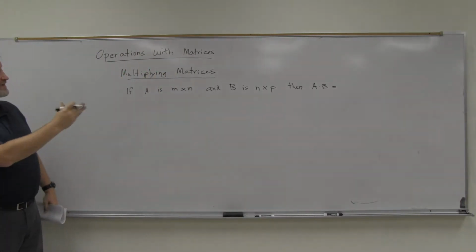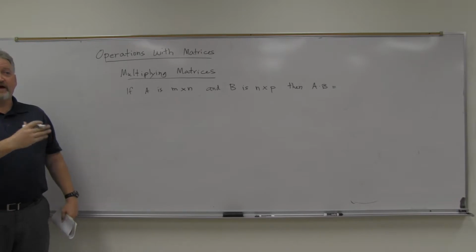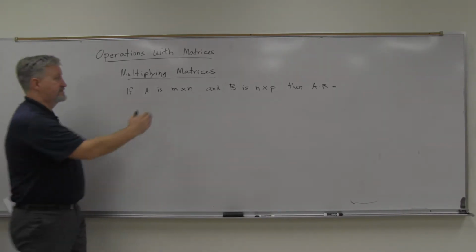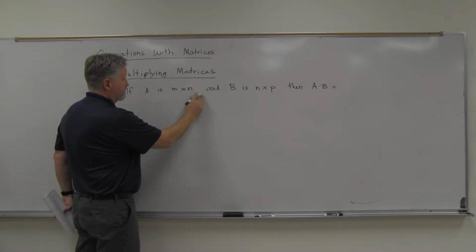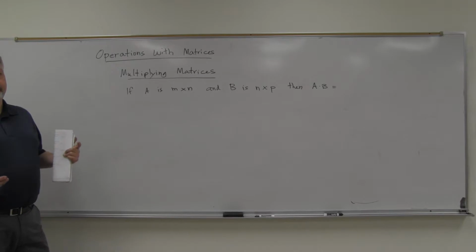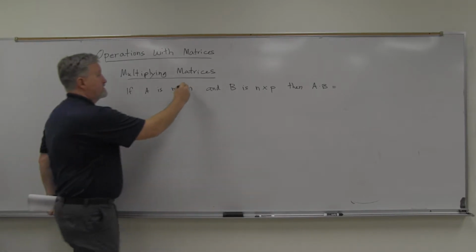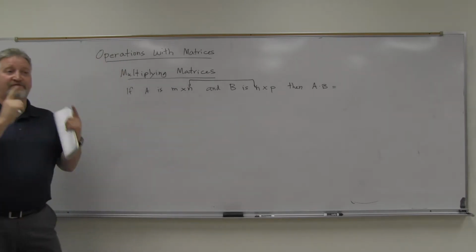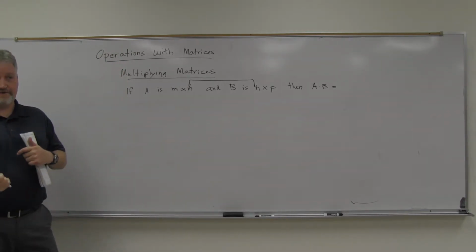Notice they may not be matching as far as rows and columns, because m and n could be different, n and p are different. But what is matching here? Well, the n's here are the same. But notice one's the columns, the other's the rows.